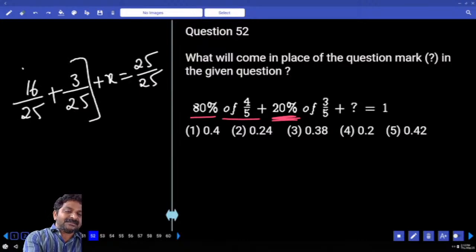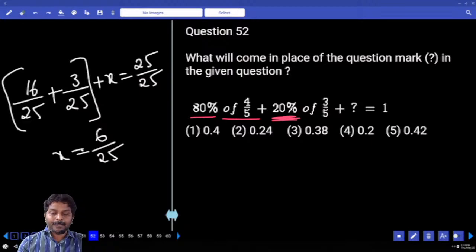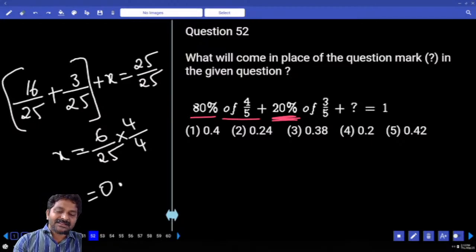How much is this? 19 by 25. When it goes to the other side, x is 25 minus 19, which is 6 by 25. If you multiply both numerator and denominator with 4, you get 24 in numerator, denominator 100. The same we can write it as 0.24.